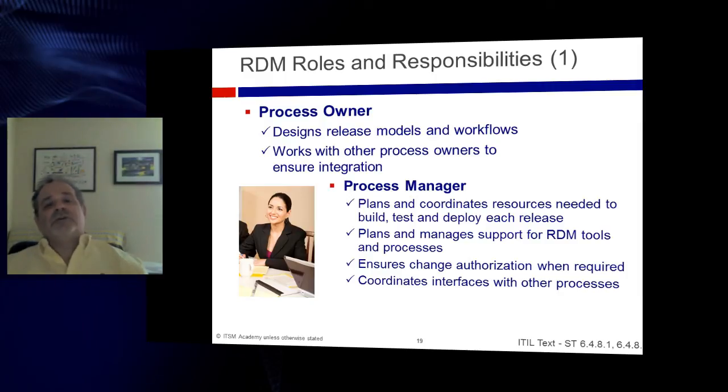The process owner is going to design release models and workflows, and they're going to make sure that release and deployment is going to work with all of the other process owners and work with the functional teams that are going to actually do the releases.